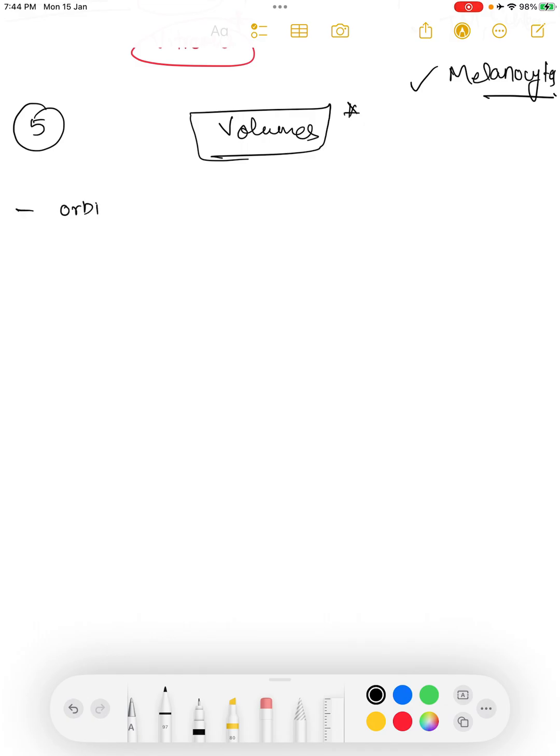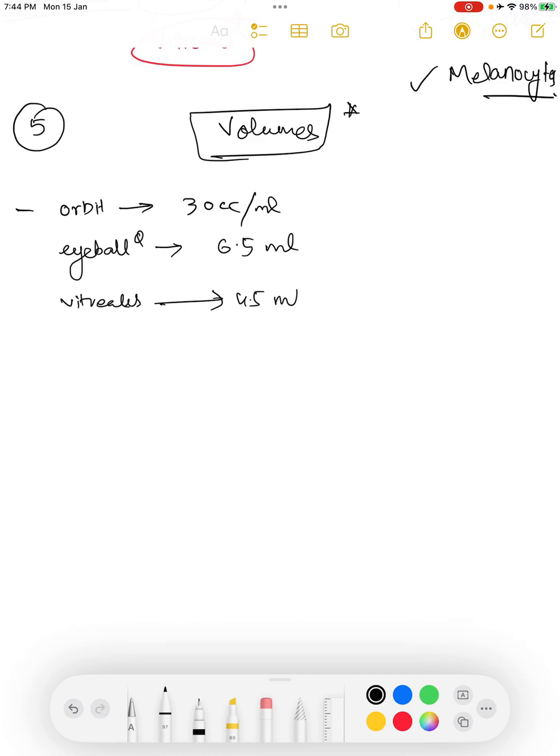Volume of orbit: 30 cc or ml. What is the volume of eyeball? This was my MS exam Viva question. 6.5 ml. What is the volume of vitreous? 4.5 ml.